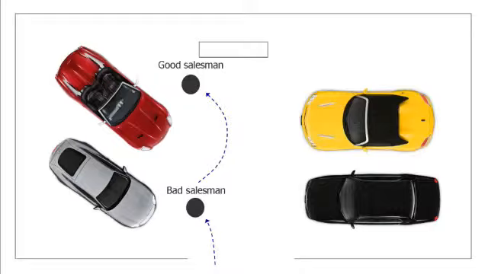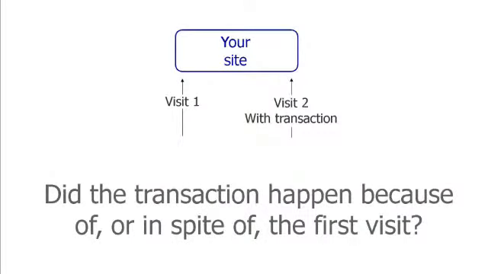Now this is the question with an assist. Is an assisted conversion in actual fact something that just got in the way, like the bad salesman? Did one of your sources persistently get in the way of people who eventually became customers, but at the time not sell them something?